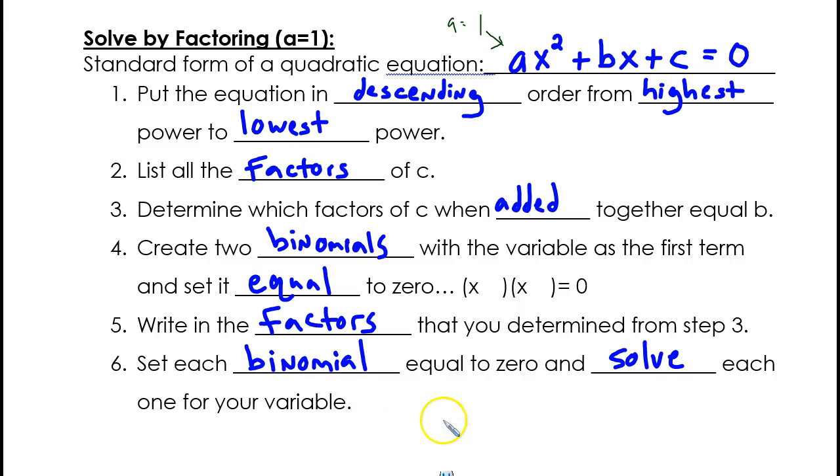Then we'll set each of those binomials equal to 0 and solve for each one to find out what the value of the variable is. So if you remember from the last video, we said that quadratics always have 2 solutions. So when we finish this, we should have 2 solutions. We should have 2 things that the variable of the quadratic is equal to.